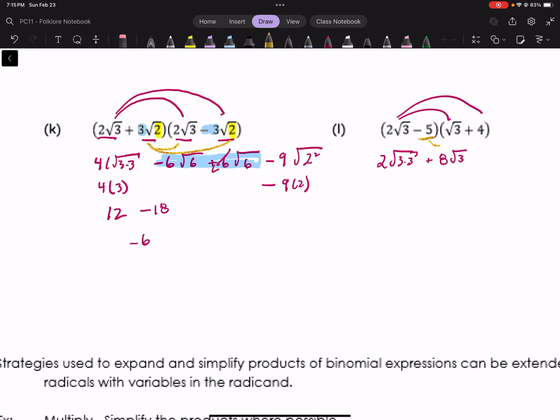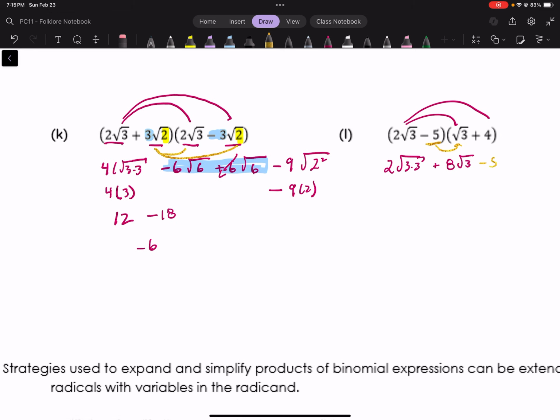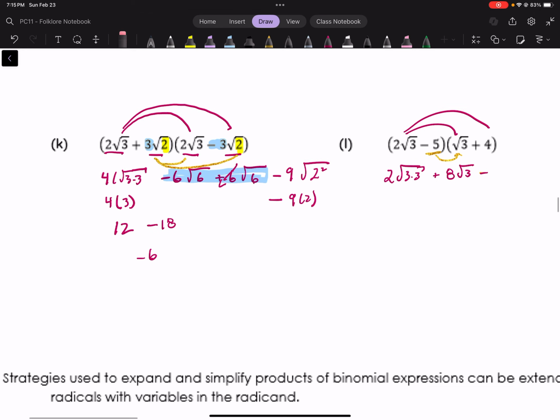I'm going to move on to the gold multiplications. Negative 5 times root 3 is negative 5 root 3. And negative 5 times positive 4 is negative 20.